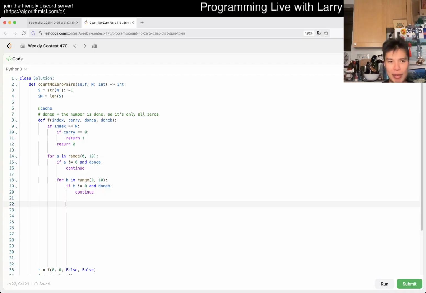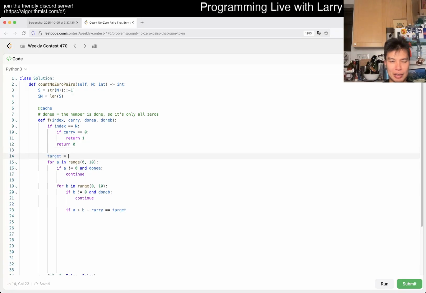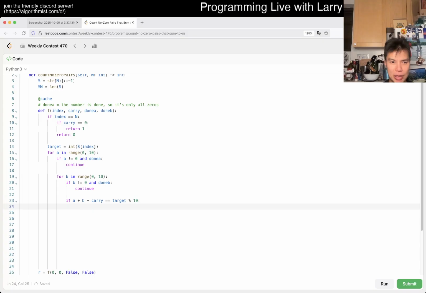So then now we have if a plus b plus carry, right, is equal to the target, and target again we'll just write is equal to int of s of index, mod 10, then yeah, we're good.